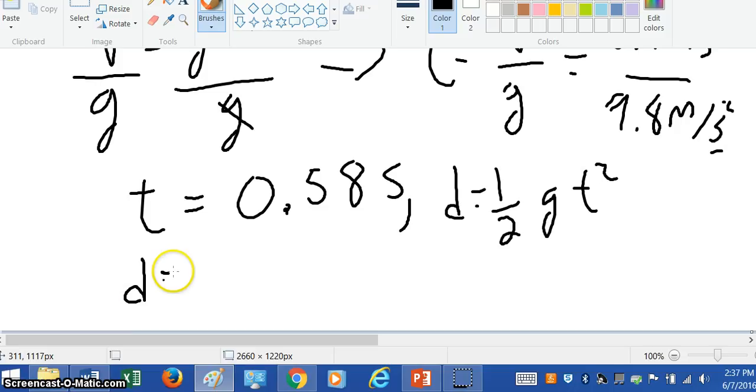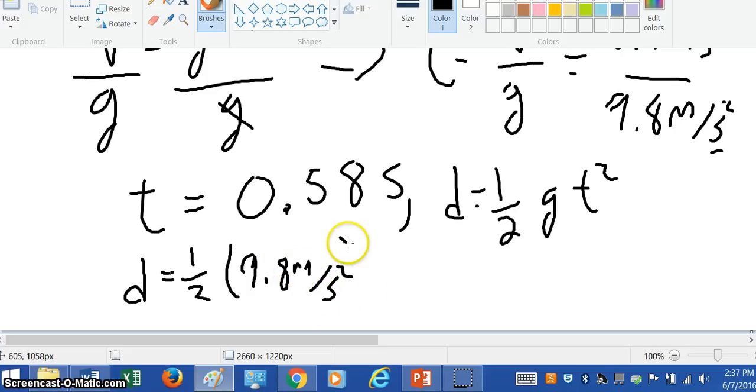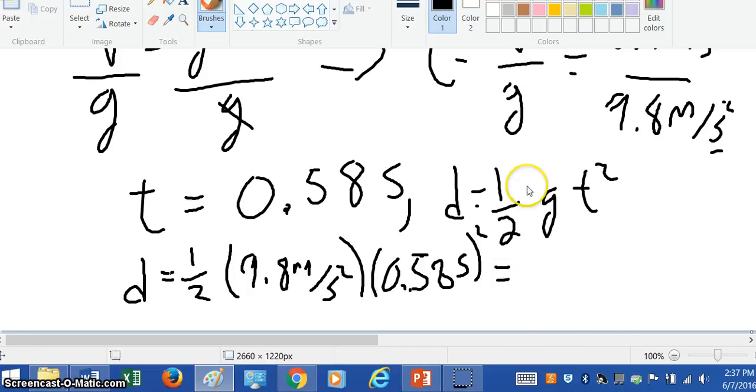The distance is 1/2 times 9.8 meters per second squared times 0.58 seconds, but we have to square that. And this will be the distance that the object travels upward.